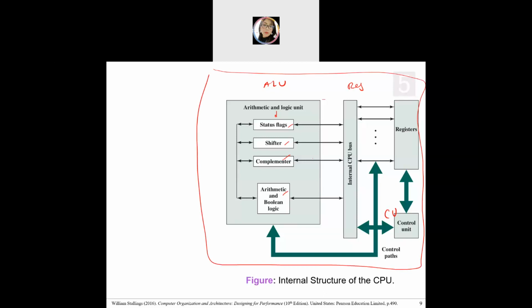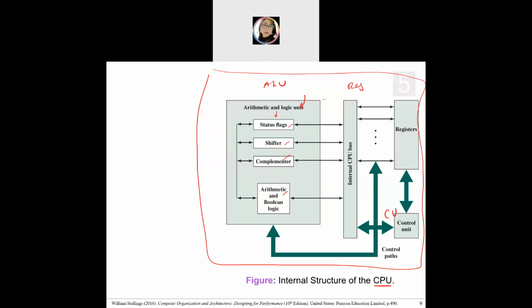So this is the whole CPU, and when you go deeper and deeper, you see a lot of things they are doing inside just one single CPU. Last time we just knew CPU, but actually there are a lot of components inside.